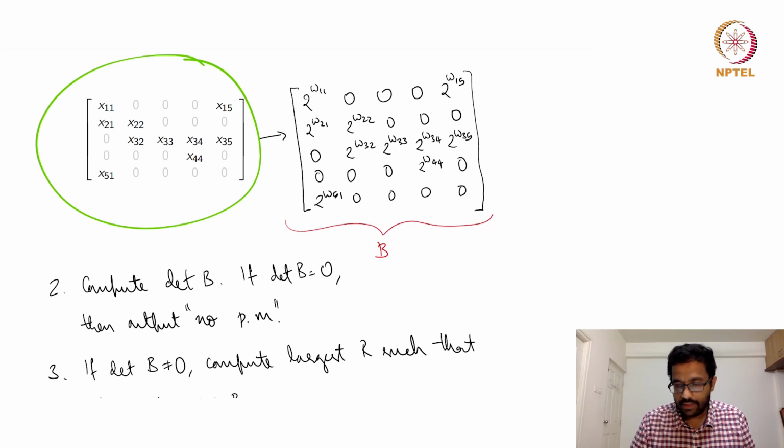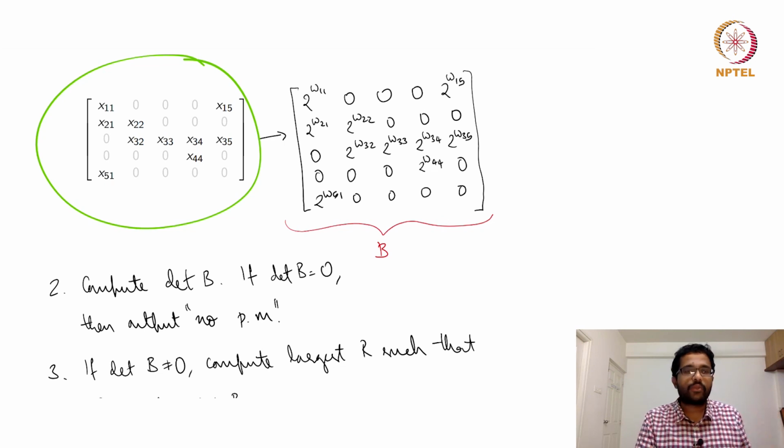As we saw in the last lecture, if the determinant of the matrix is non-zero, then there is a perfect matching.